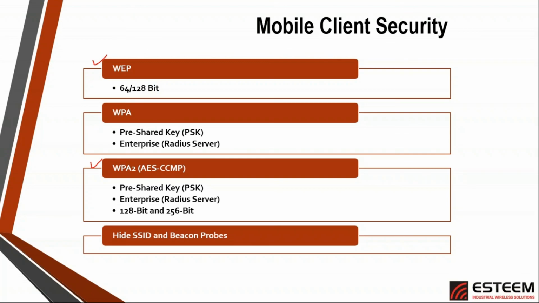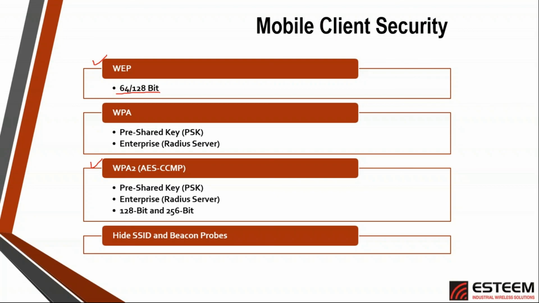WEP, which stands for Wired Equivalency Privacy, was the first generation of Wi-Fi mobile clients that came out, and it was in a 64-bit or 128-bit, which by itself is a fairly decent level of security. The tough part is that the way it was implemented, it was done as a privacy measure, which is kind of in the name itself. It was really never done as a hardcore security mechanism.